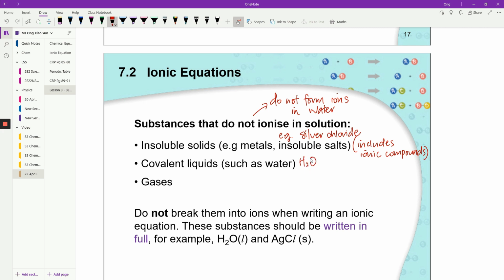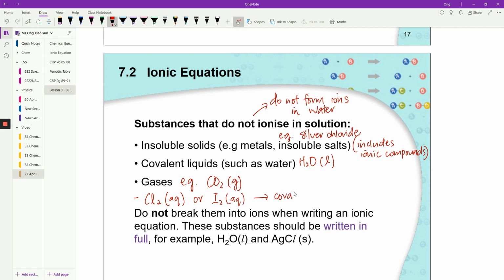Covalent liquids such as water, you write as H2O in liquid form. Gases, for example carbon dioxide, leave it in gaseous state. So liquid and gas state, you do not write as ions. Selected aqueous substances like chlorine, you also do not write as ions.